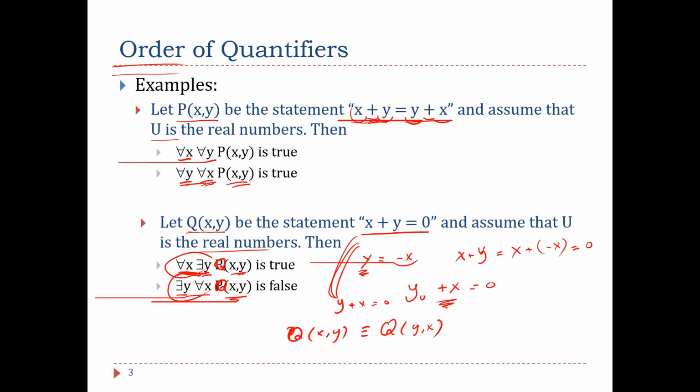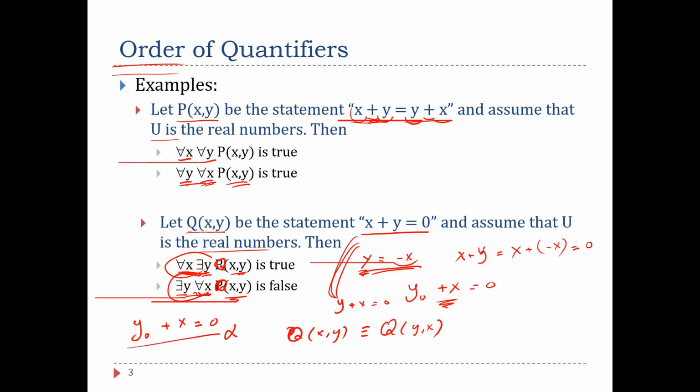For every real number, you can find an additive inverse for that number, and this always exists because it's sufficient to consider minus x. But on the other hand, we cannot say that there is a particular number so that when you add any other number to it, you will obtain finally 0. This does not hold.